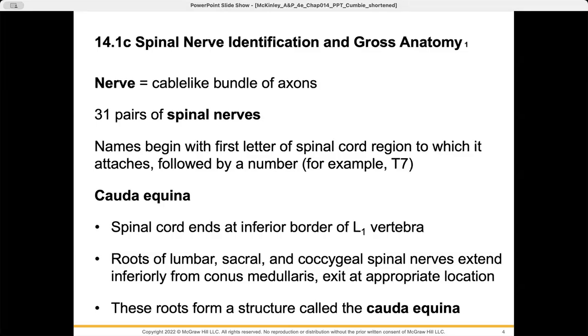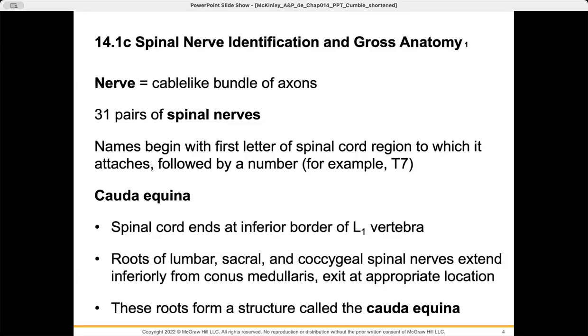So for these nerves, and we've learned this before, nerves are cable-like bundles of axons. Typically in the CNS, we are going to call our groups of neuron bodies nuclei, and that's what we'll call them for the spinal cord and the brain. But when we're thinking about nerves, especially spinal nerves, we are looking at those bundles of axons.